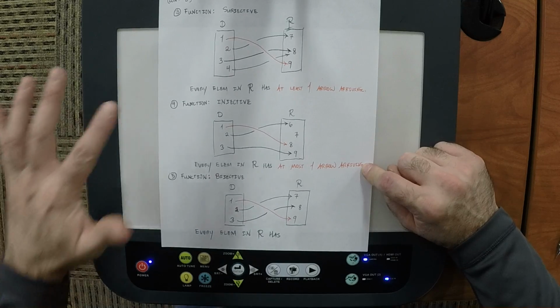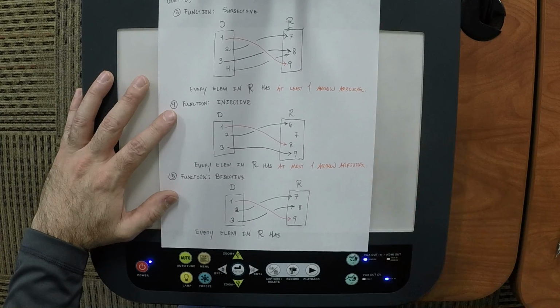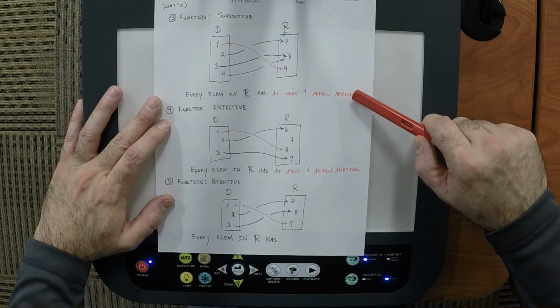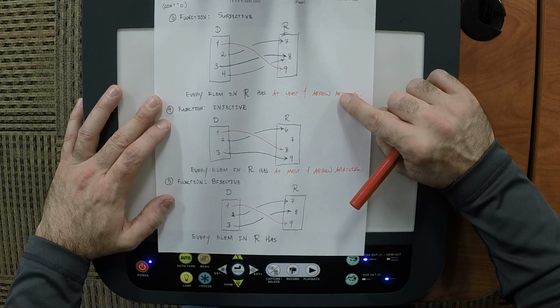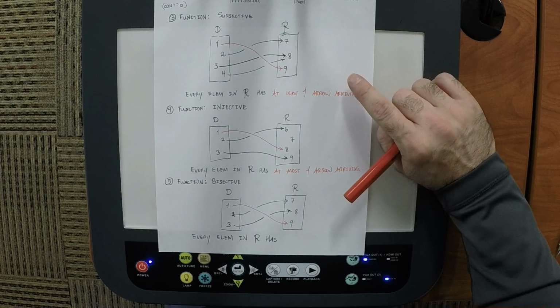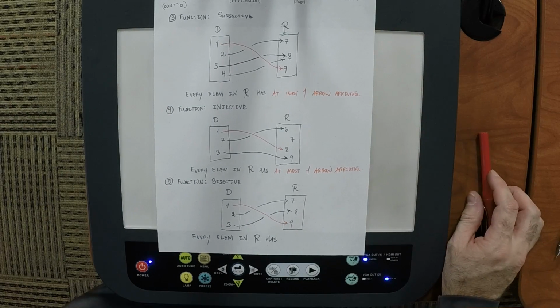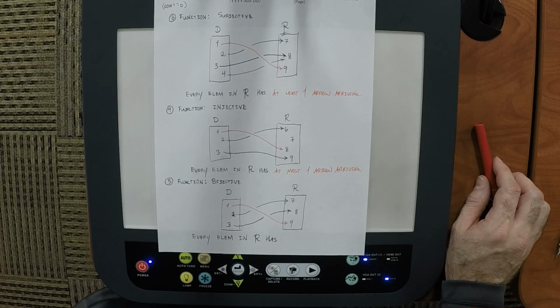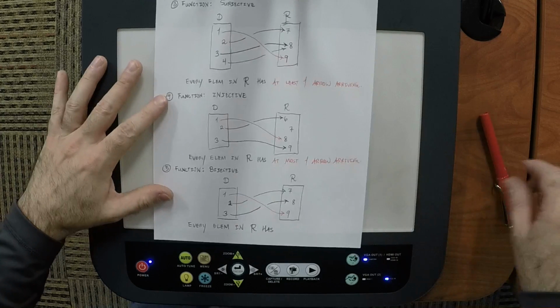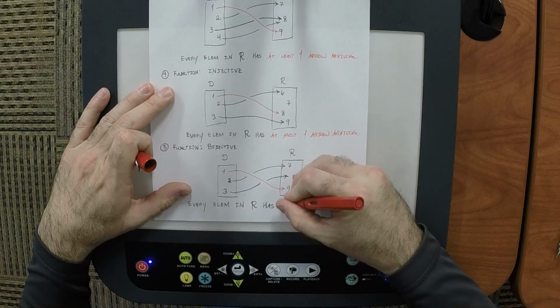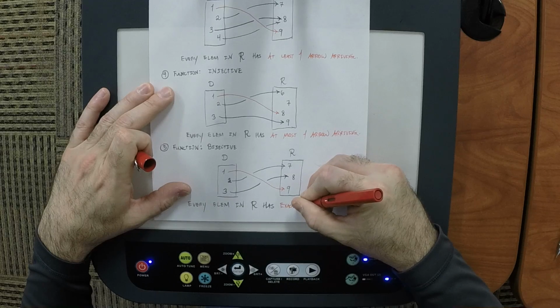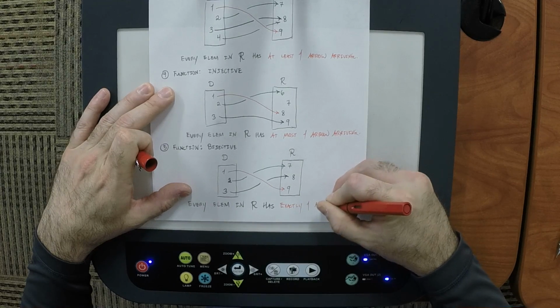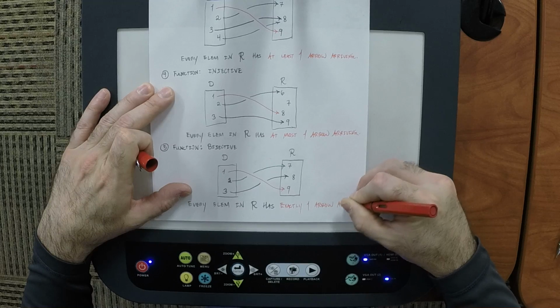So for bijective, how do we say it? Exactly 1, because it has to be both of these. If I say I'm thinking of a number that's at least 10, and another hint is that it's at most 10, can you guess my number? 10, right? So it has exactly 1 arrow arriving.